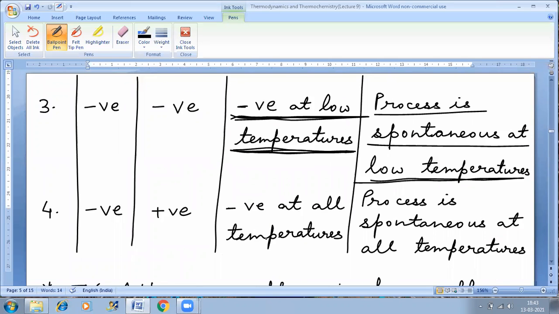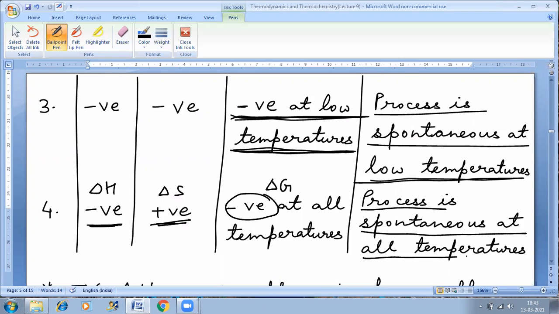So that is what we have written. Negative, positive, right? This is delta H and this is delta S. And hence delta G is negative at all temperatures. Conclusion is the process is spontaneous at all temperatures.